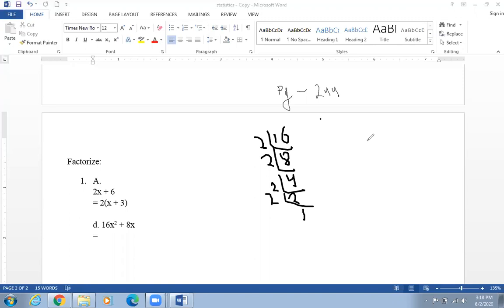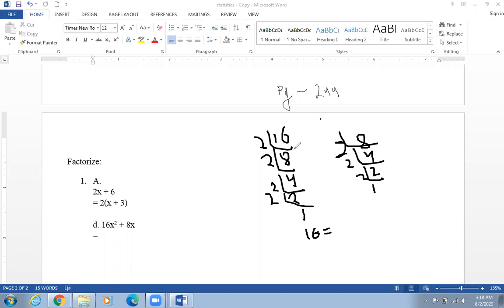So 2 ones are 2. In a similar way, let us do 8 also. The next number is 8 over here. This x square and x, let us ignore for a while. So 2 fours are 8. We can do it in the rough copy. Please do it in the rough copy also, so that it will be easy for you. 2 twos are 4, 2 ones are 2. So 16.